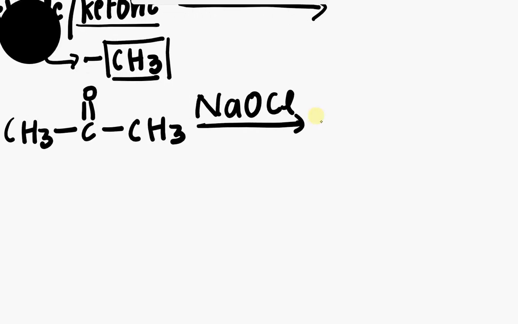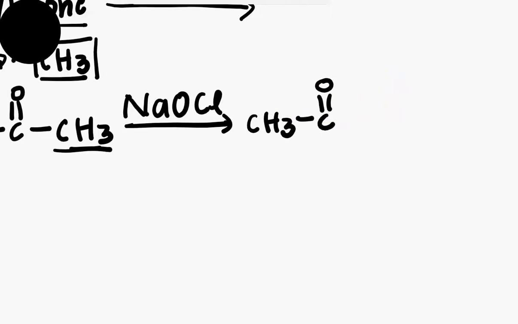So when we do this, since we have two methyl groups on this ketone, what happens is at any one position, this methyl group gets converted to ONa.